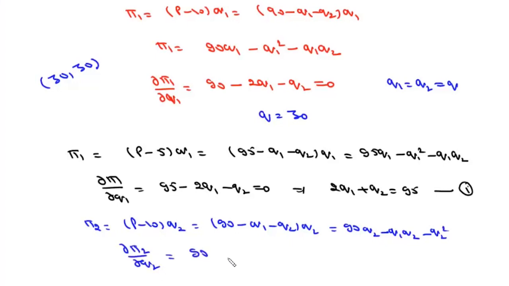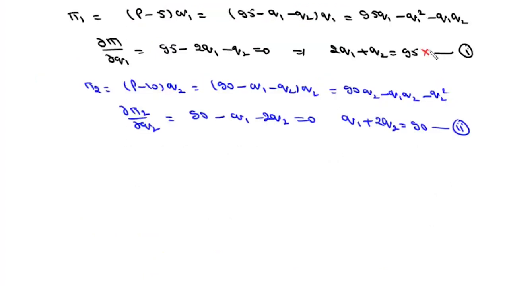We'll get this as 90 minus Q1 minus 2Q2, and it will be equal to 0, or we'll have Q1 plus 2Q2 equals 90, and that's our second equation.